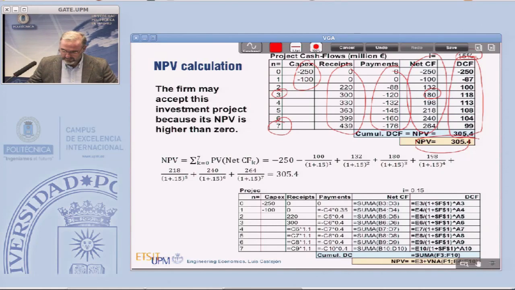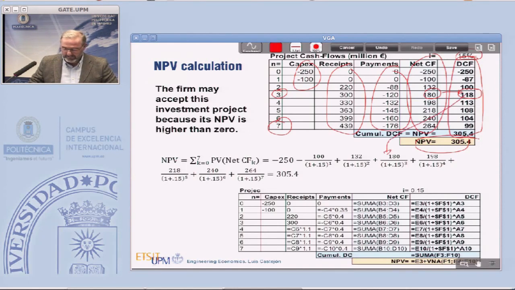The discounted cash flow of the net cash flow 180 is 118. So how do we get that number 118? We see here this formula.